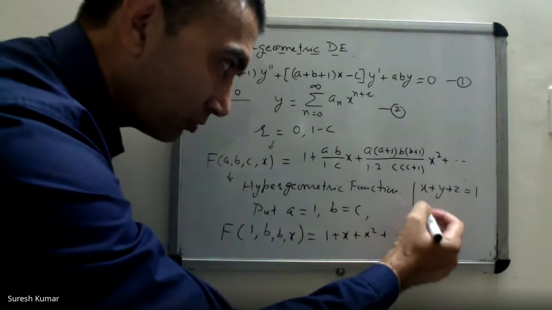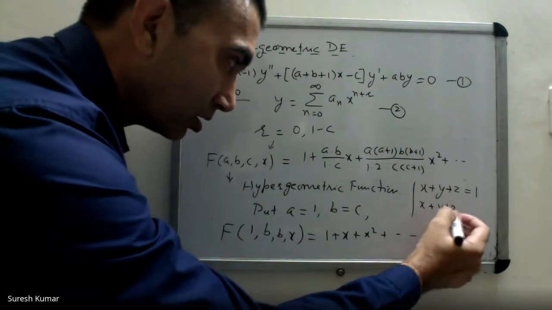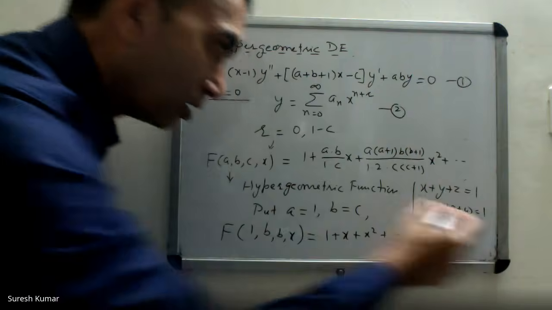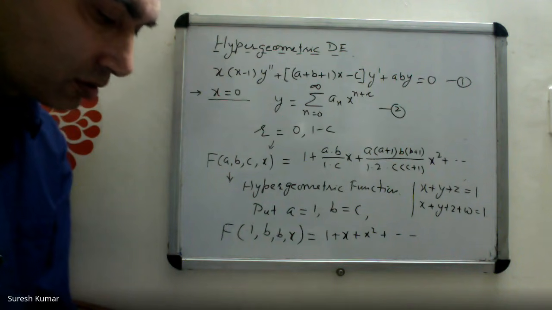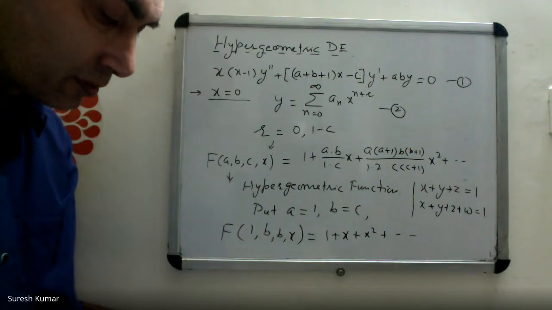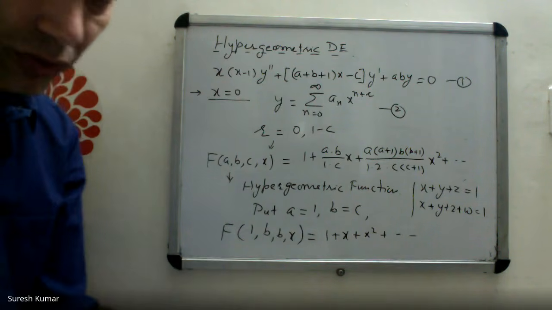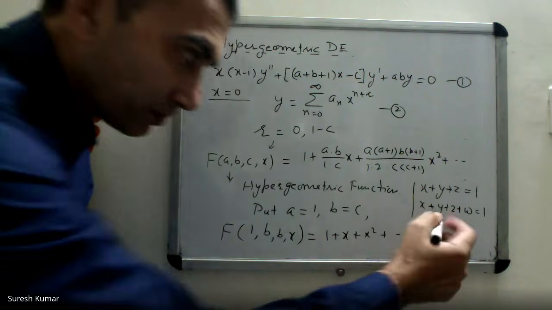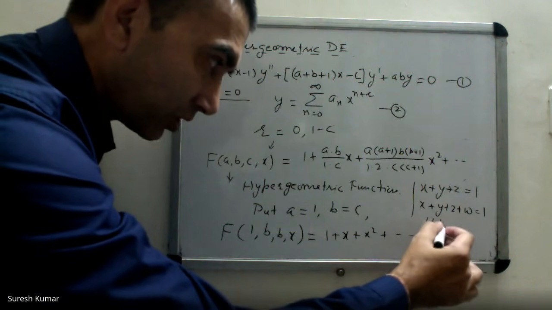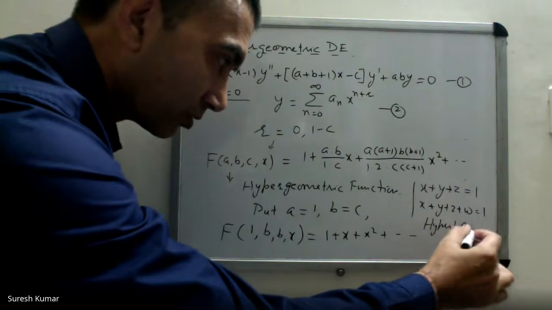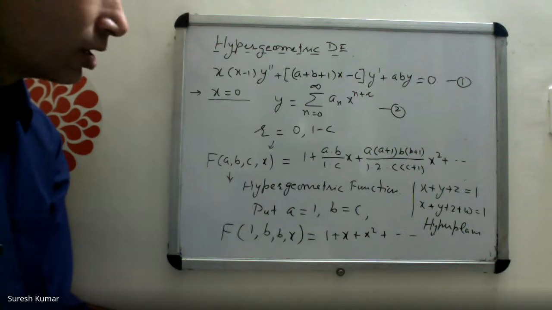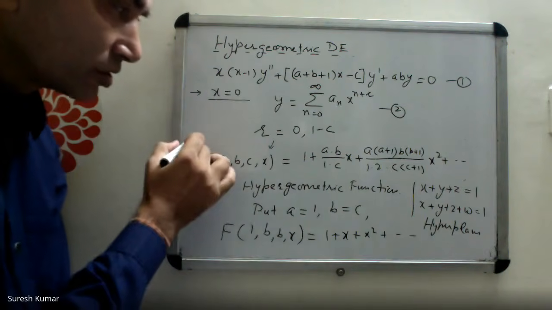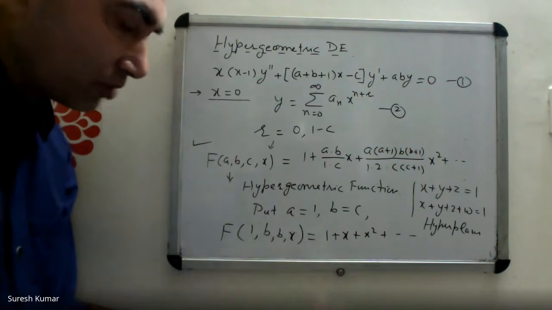If I consider a fourth variable, you don't know its geometry since it is in 4 variables, but we call it a hyperplane. Likewise, you have sphere and hypersphere. So you understand the meaning of this, and this is the hypergeometric function.